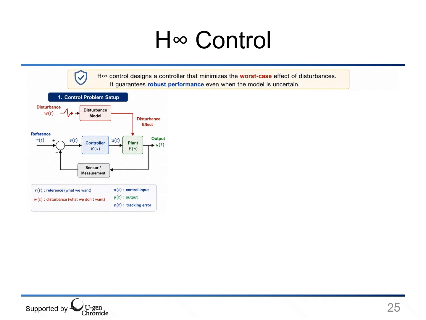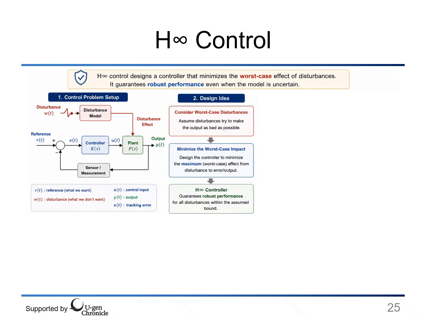H infinity control builds on optimization but changes the design philosophy. Instead of optimizing the average performance, it prepares for the worst case. It assumes disturbances, uncertainties, and modeling errors may occur. Then, it designs a controller that minimizes the worst possible impact. This makes the controller much more robust.